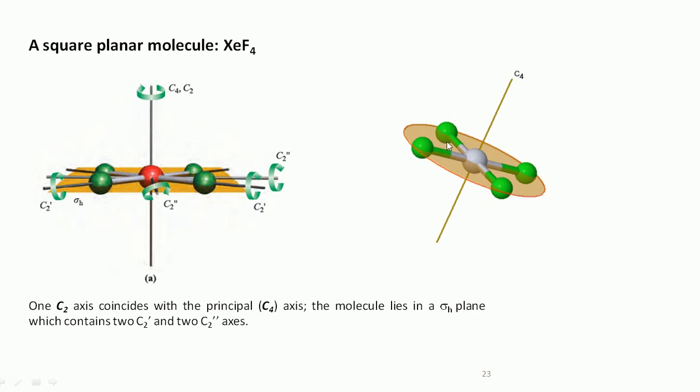And there will be another two sets of C2 axes which are bisecting the angle formed by the Xe and two F atoms. You will have two C2 axes like this. Okay, so you have two sets of C2 axes.